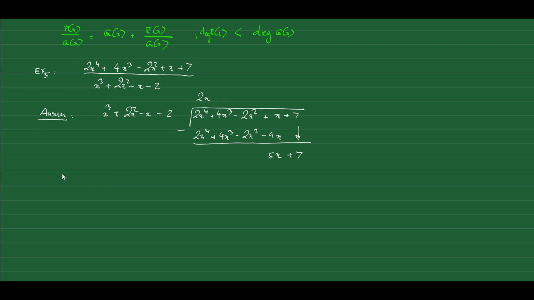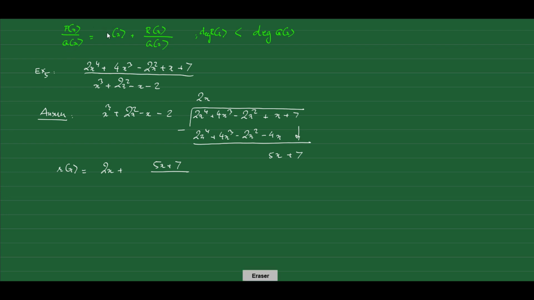So my rational expression can be written as the quotient, which is 2x, plus the remainder over the denominator. Let me pick a different letter for the quotient, because we have p and q over here.